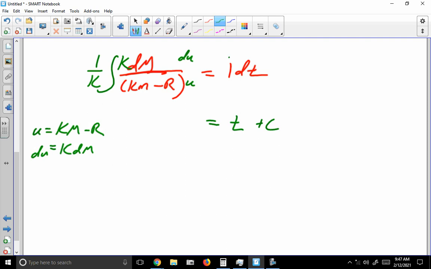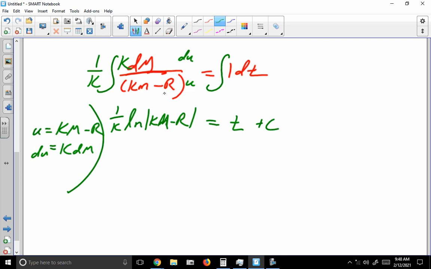So that leaves us 1 over k out front. If we integrate du over u, that's natural log absolute value of u. That's always going to be positive.